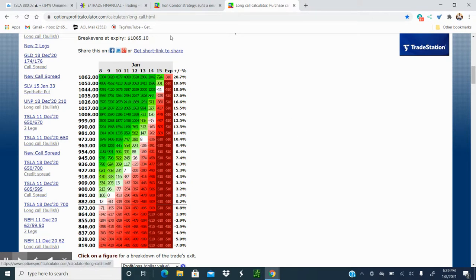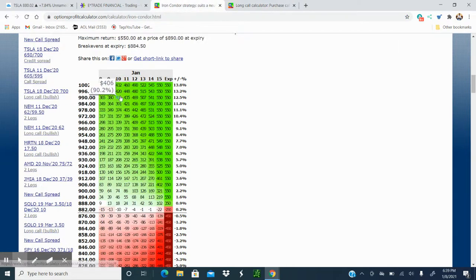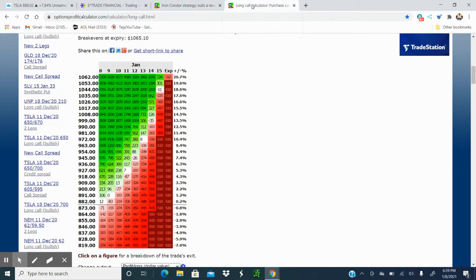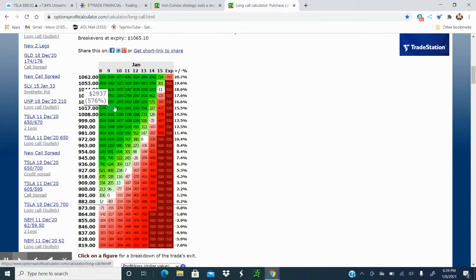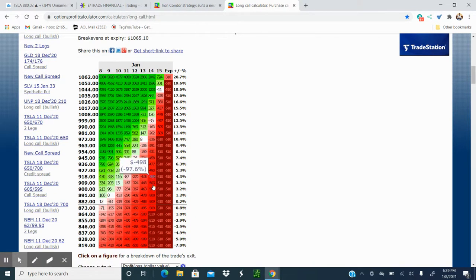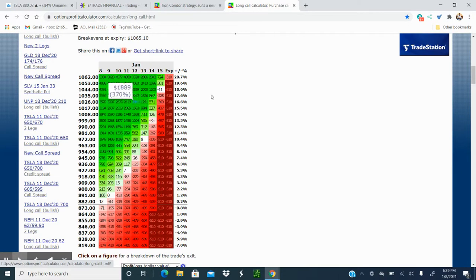But if you're wrong, the debit spread allows you time to recover, right? If it goes up and then comes back down, negative, negative, negative, it goes up, you're back in the money. If you're wrong, there's more room for error. Here on a naked option, there's no room for error. It has to go up.